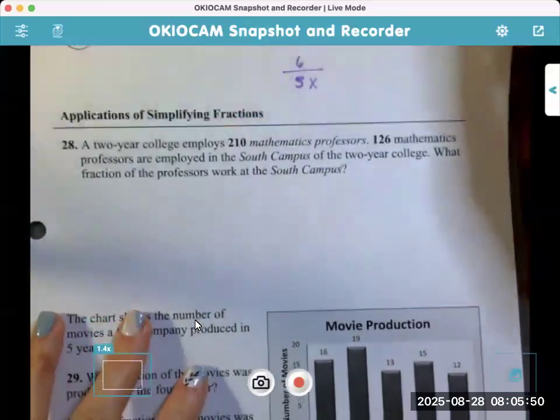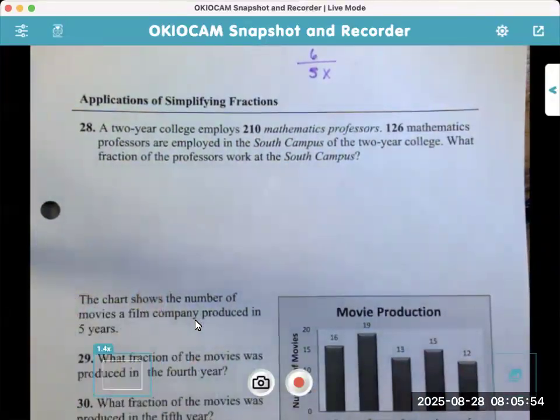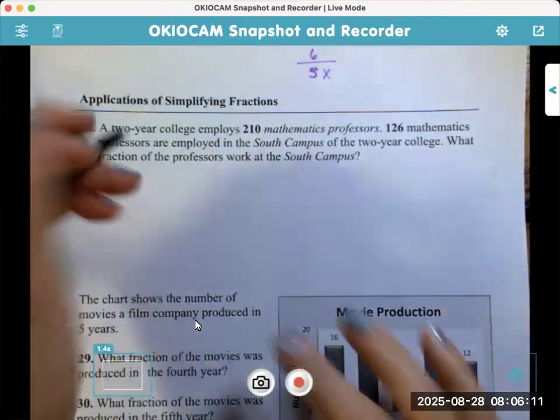Next, a two-year college employs 210 mathematics professors. 126 mathematics professors are employed in the South Campus of the two-year college. What fraction of the professors work at the South Campus? So think of it, right?